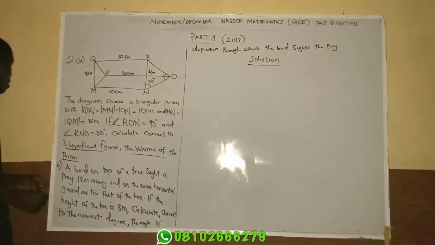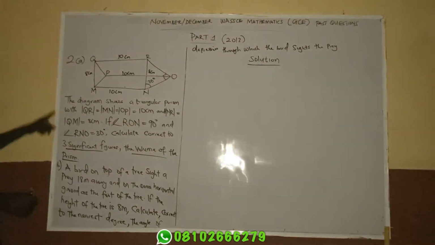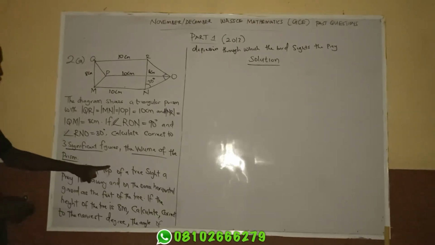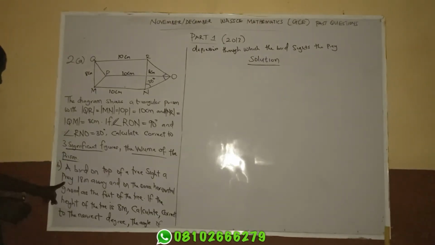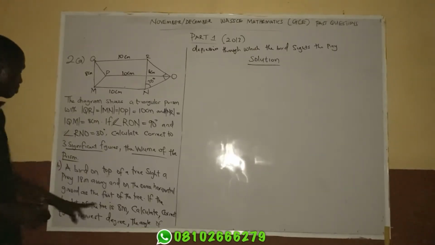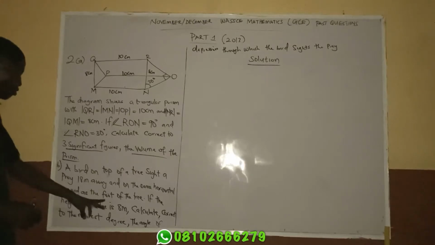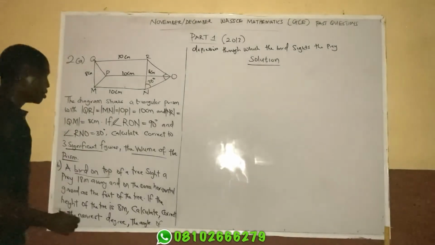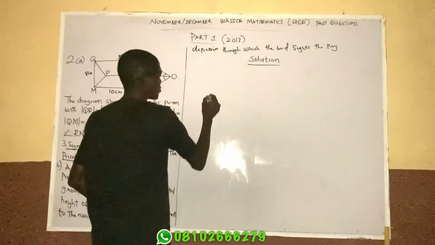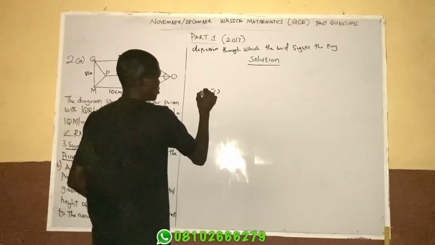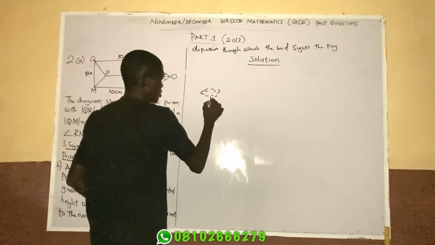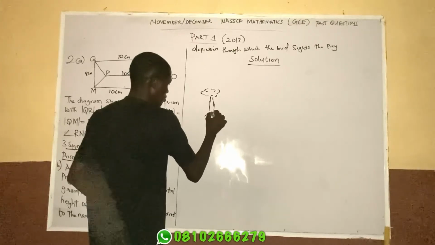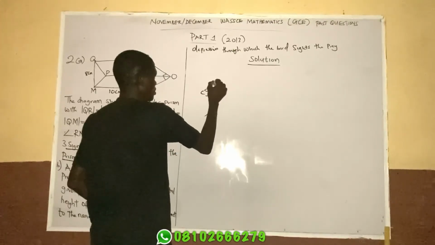Here's the question B of number 2. A bird on the top of a tree sights a prey 18 meters away and on the same horizontal ground as the foot of the tree. Now let's sketch the diagram. Assuming this is a tree, this is the bird.